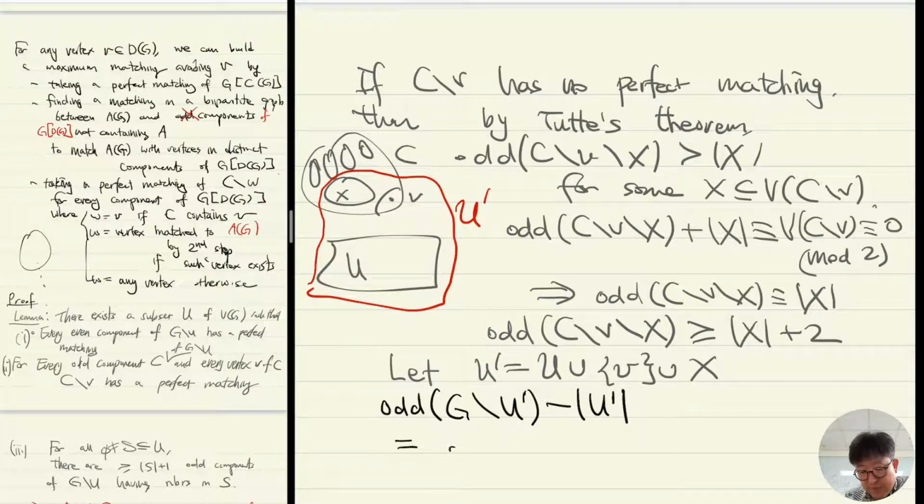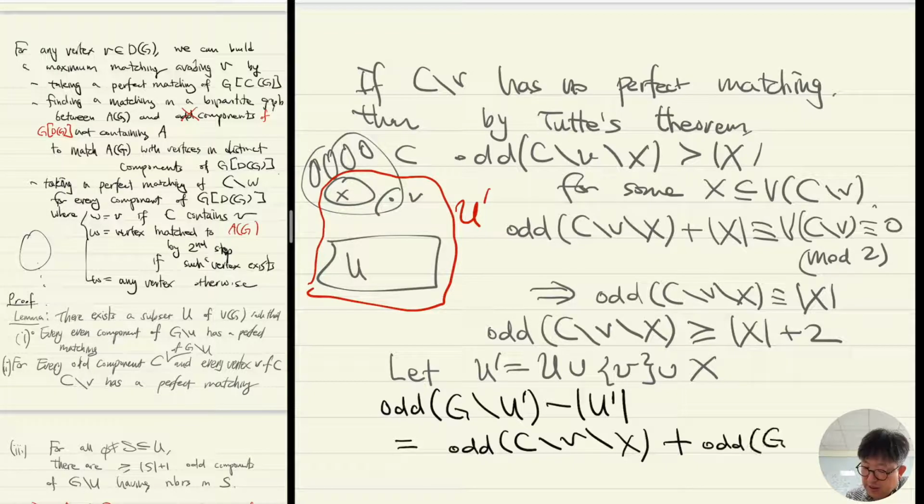So what are they? Right, those odd components stay as odd components. So that's this number, plus there used to be the initial odd components minus 1, and U prime has size U plus 1 plus X.